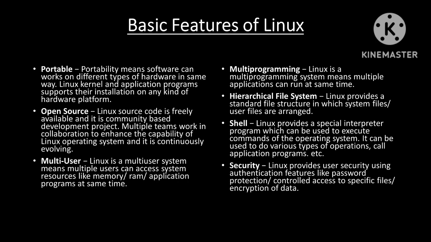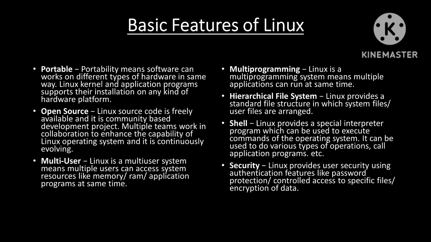The third feature is multi-user. Linux is a multi-user system, meaning multiple users can access Linux system resources like memory, RAM, and application programs at the same time. Then the fourth basic feature is multi-programming.